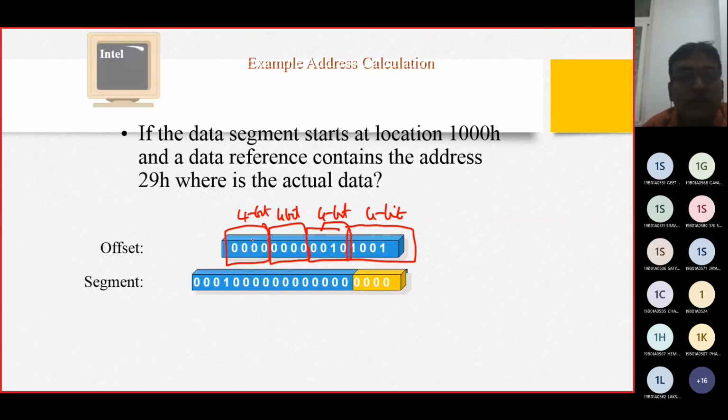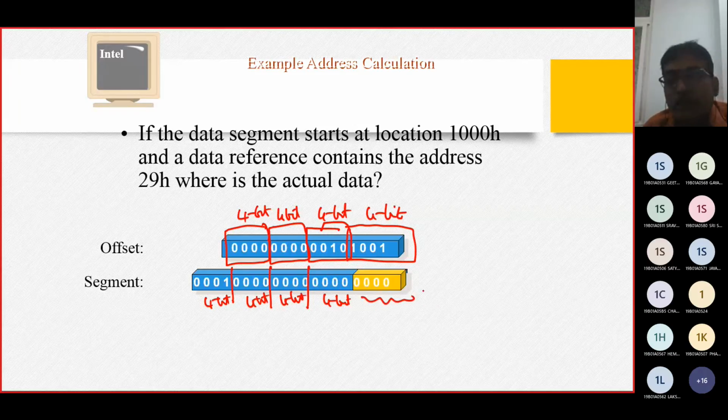Now, the same thing happens for the segment also. 4 bits, 4 bits, 4 bits, and 4 bits.